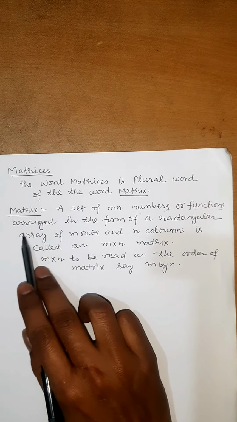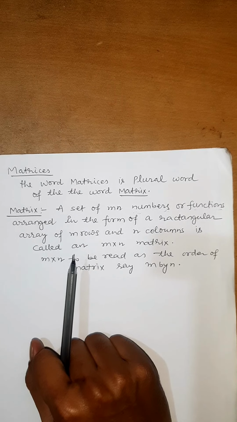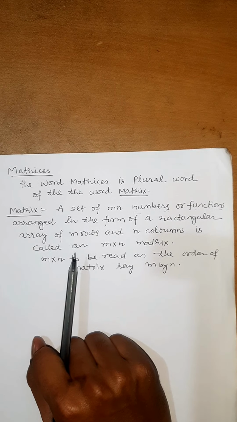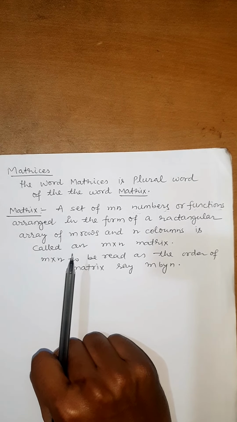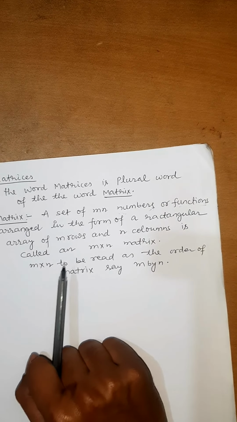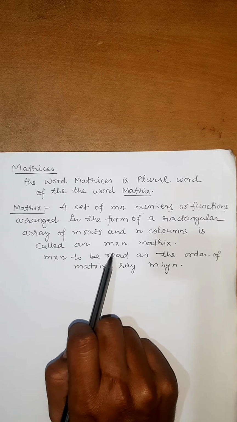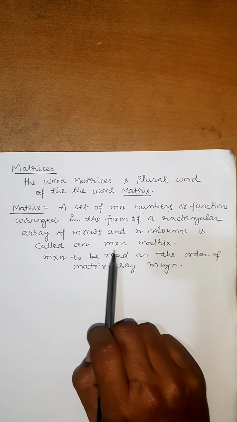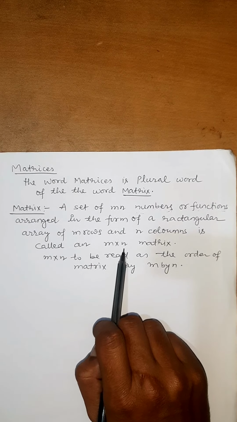An array is an arrangement of numbers having m rows and n columns. It is called an m cross n matrix and read as the matrix of order m by n.